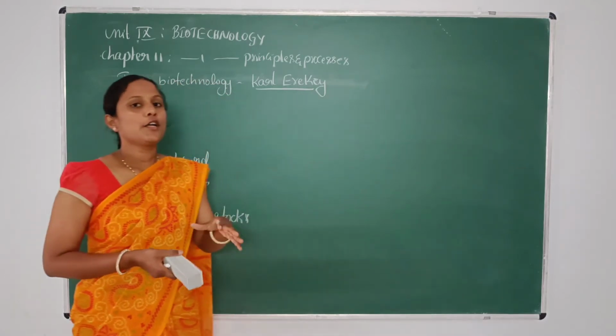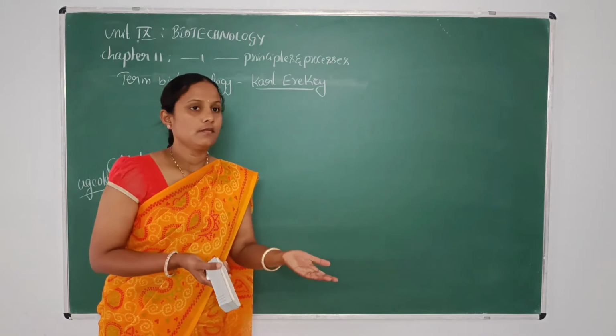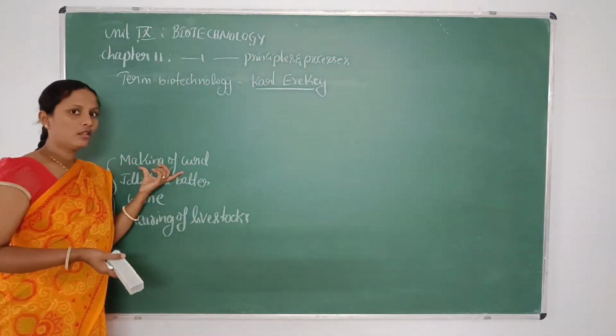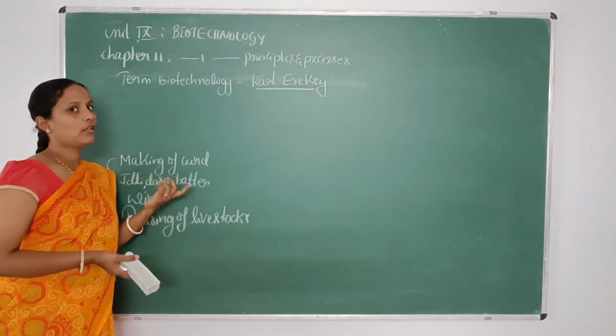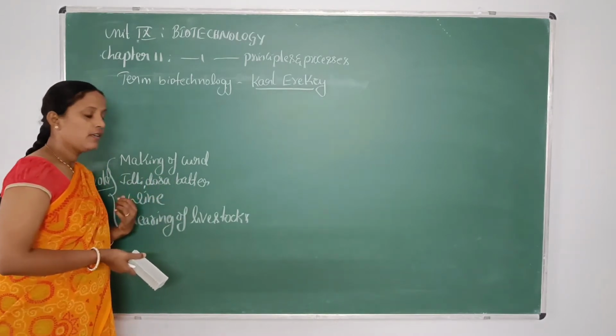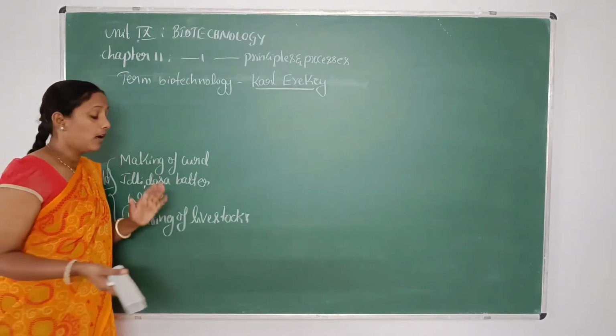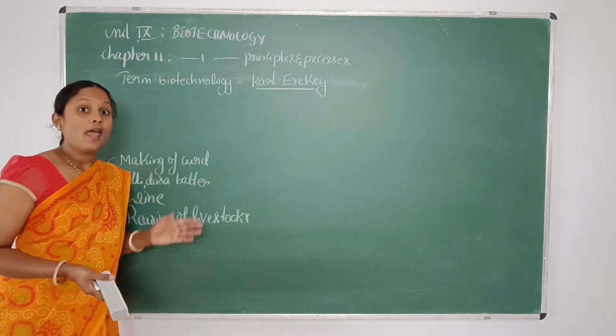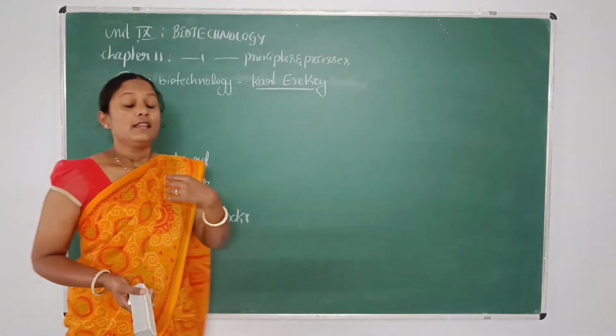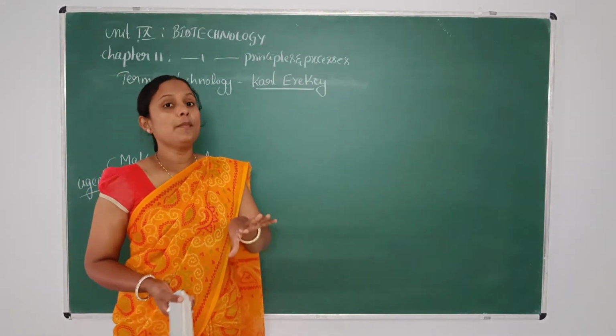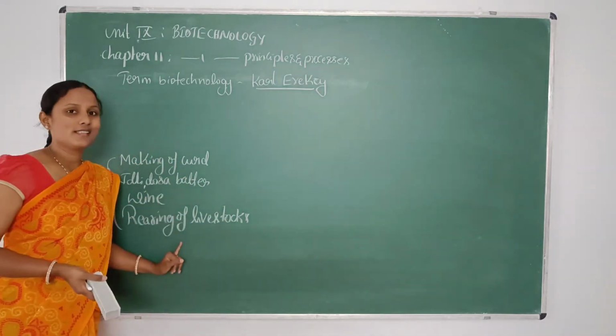For example, in order to improve food, they started making curd, they started making batter, and they started making wine, and they also started rearing the livestock. And also, there are many improvements seen in these.